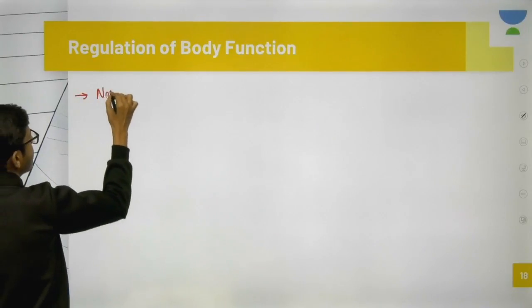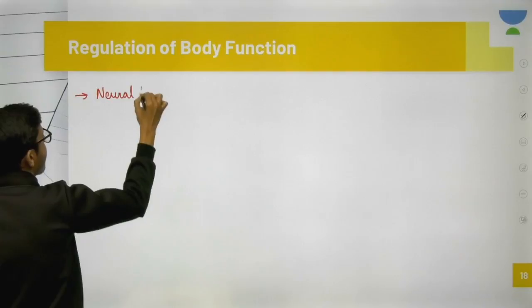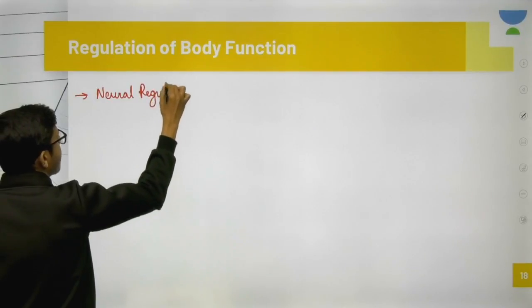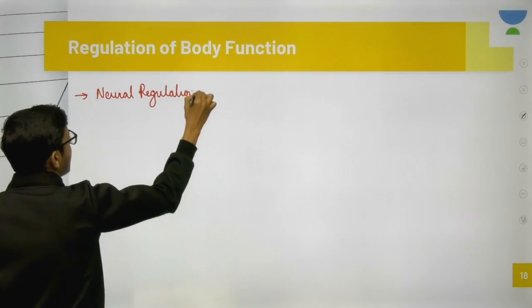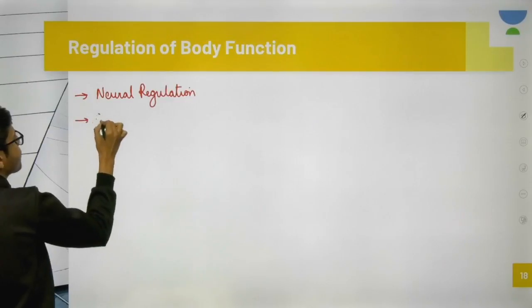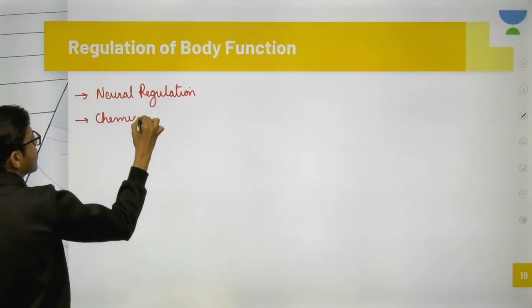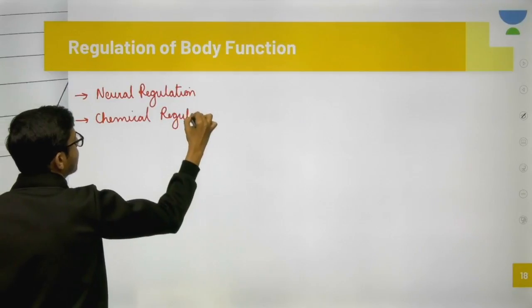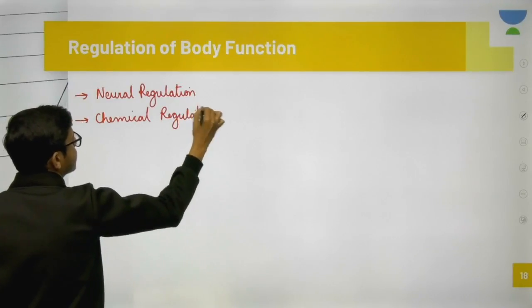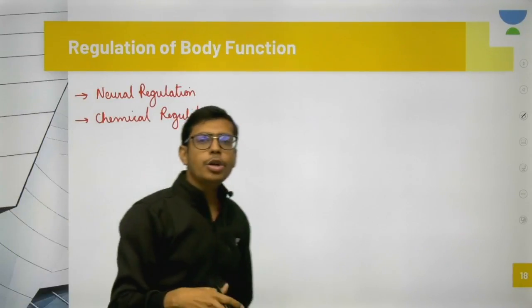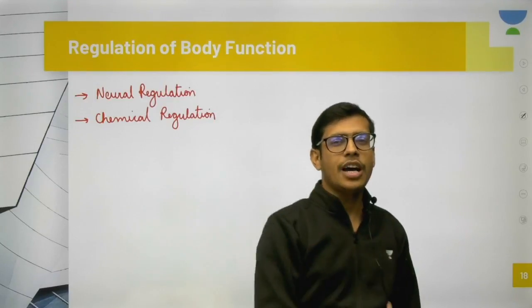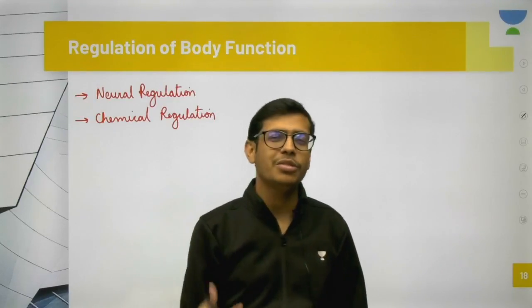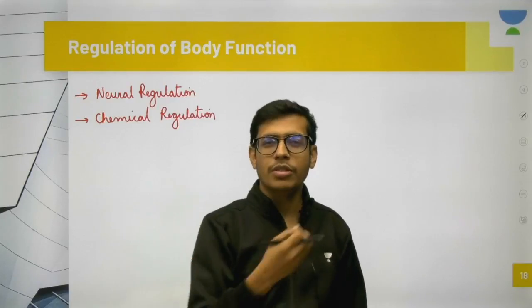So two kinds of regulation occur. The first one would be neural regulation and the second one would be chemical regulation, right? So when we are talking about neural regulation, anything from synapse to stimulus to receptor would come under neural regulation.